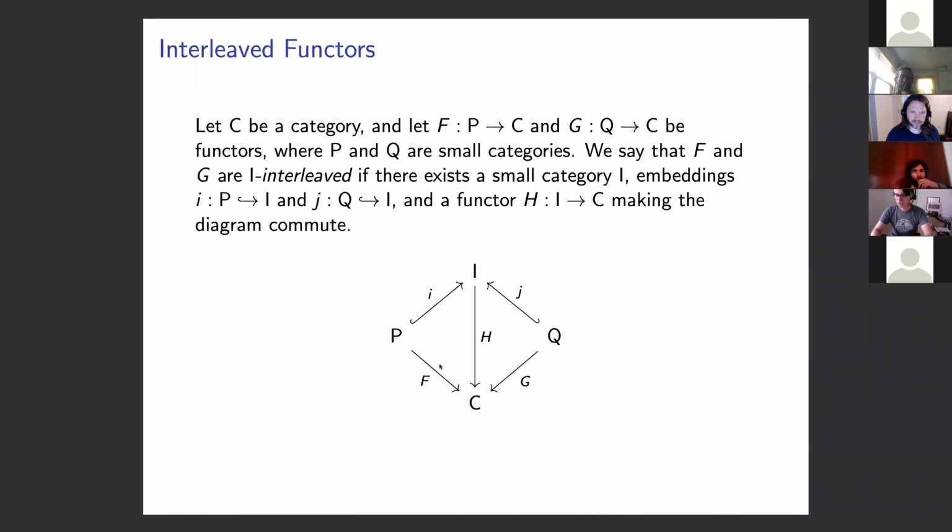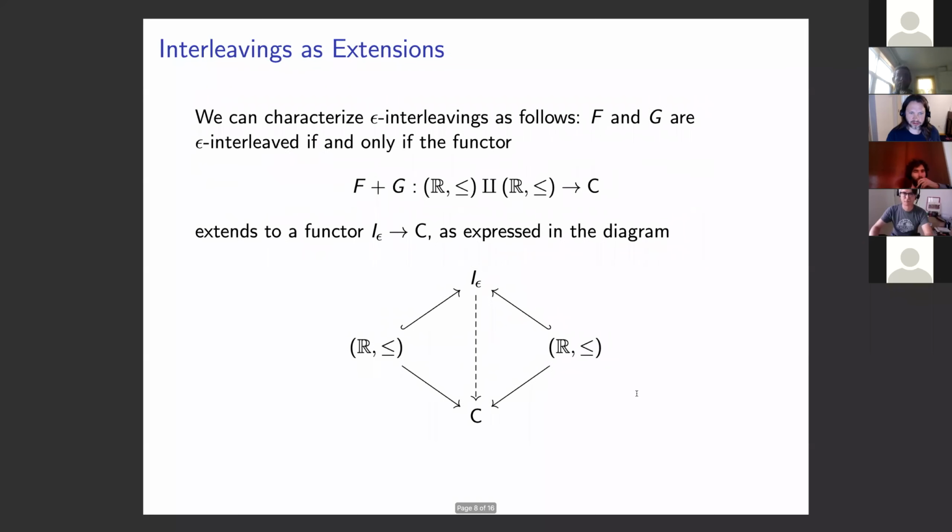And once we have this picture, once we just have a simple diagram like this, we can start going around with what the nodes of the diagram are, and we say, well, this is a generalized interleaving.